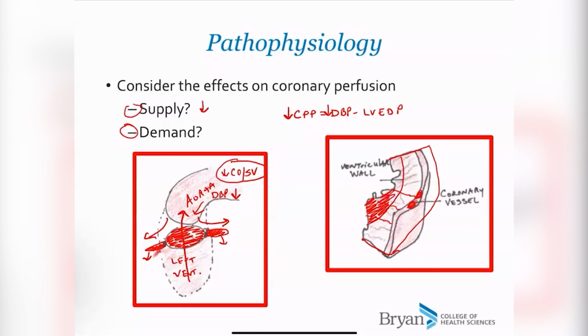And so if we have a greater mass that we have to account for, that means that we have a greater oxygen demand that we need to account for. And so, in addition to decreases in supply, what we end up with is increases in demand. And so ultimately, the balance between supply and demand is sacrificed. And so individuals are at risk for myocardial ischemia.